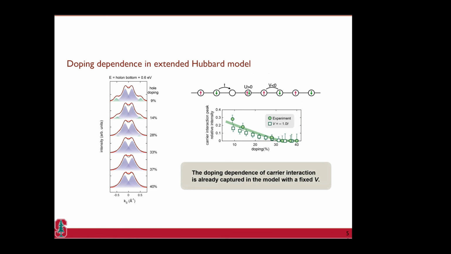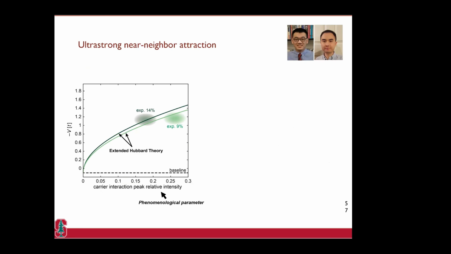So this data seems to suggest that the material has a term in the problem, which is an attractive interaction, much bigger than what is self-generated in the Hubbard model. You can see here, this is the baseline where you kill every attractive interaction.